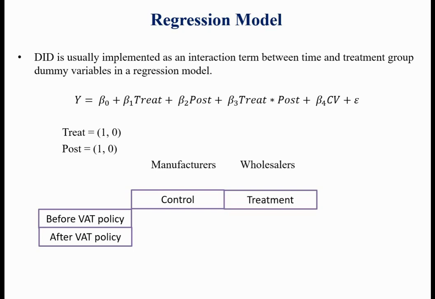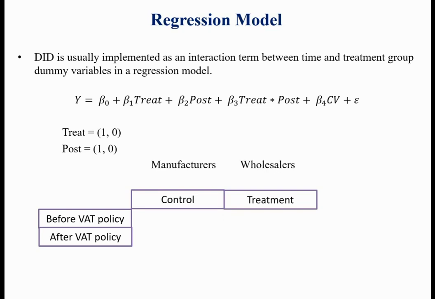And then in a particular year, the government decided to change this tax policy and reduce the VAT rate for wholesalers to a flat rate of 5%.